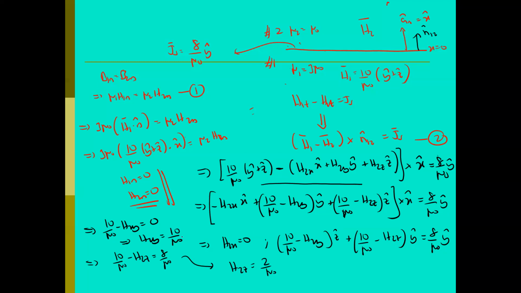Okay, so these are the things that we have managed to get. The H to X is 0. This is similar to the normal component just now. And then we're going to have H to Y equals to 10 over mu naught and H to Z equals to 2 over mu naught.